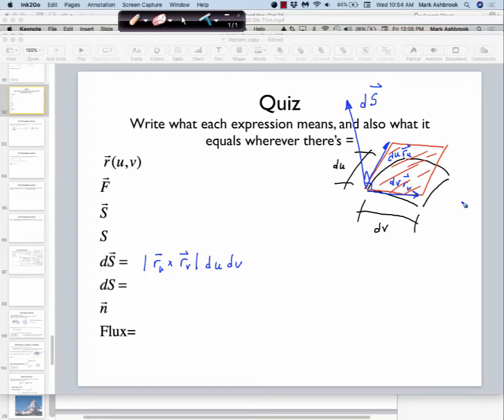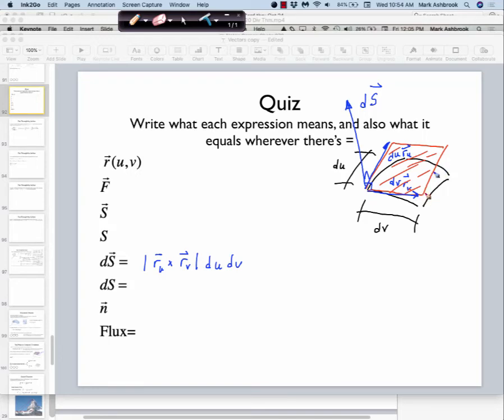The reason we're doing this is because the force field can vary, so we need to get the elements small enough that we can consider the vector constant over a little patch. Does that make sense? Sound familiar? This is integration. For this little parallelogram element, the force is constant through it, so we just pick one force for that.